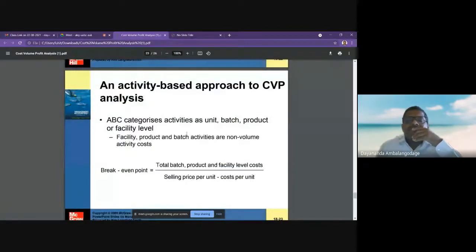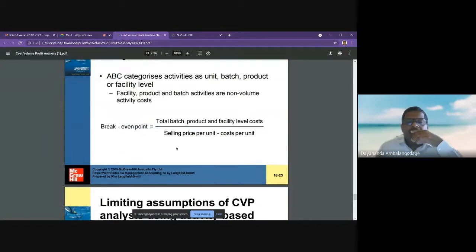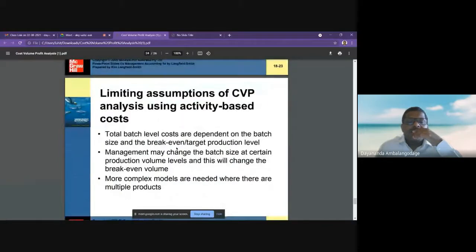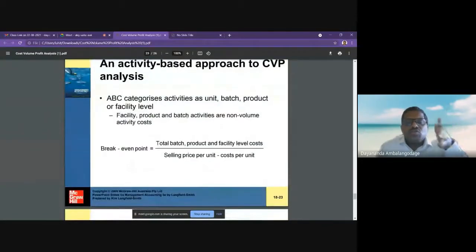Then the activity-based approach to CVP analysis. Of course, activity-based categories cannot be discussed under this because you have to cover that title, but I didn't cover activity-based costing here, so I will leave that particular slide. To discuss this, of course, you should know activity-based costing.